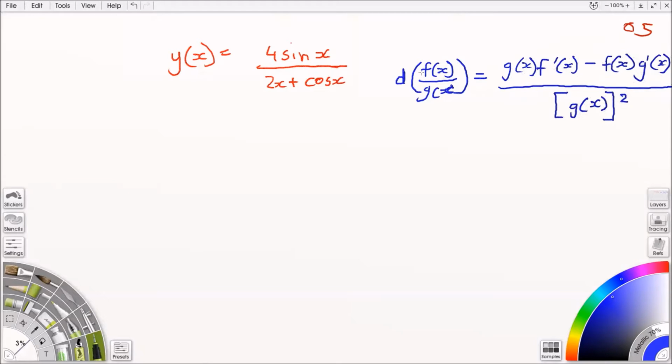Yeah, so pretty much to take the derivative of this, we need to know our g of x and f of x and the derivative of them. So our f of x is going to be the top.